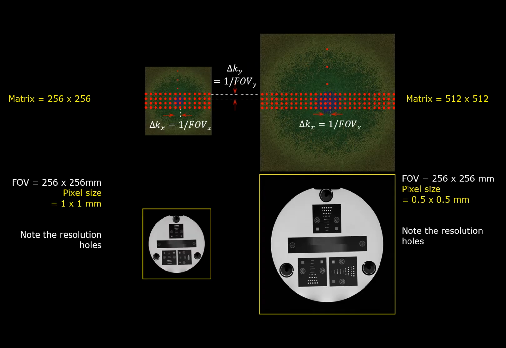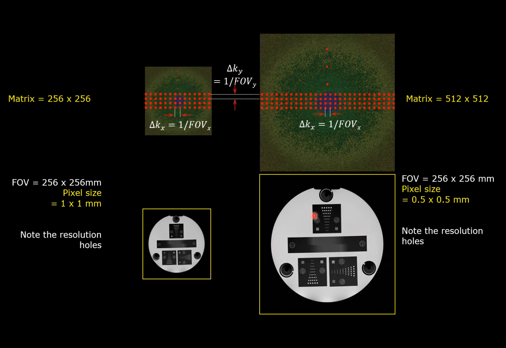To illustrate this point here, I'm going to increase the matrix from 256 by 256 to 512 by 512, so that the extent of K-space is doubled in both directions. But the sampling interval is the same, so the field of view is unchanged, in this case 256 by 256 millimeters.